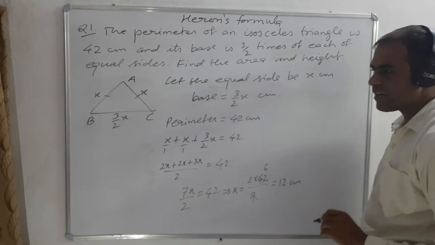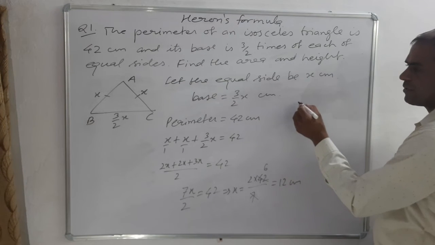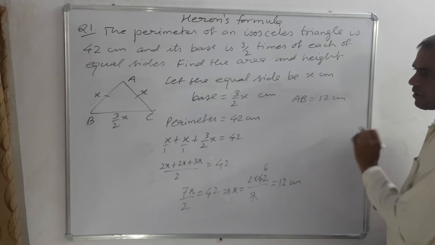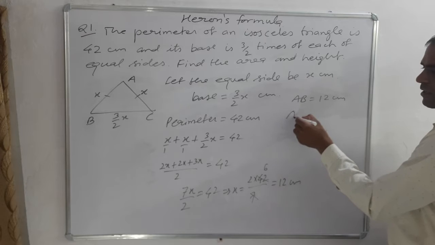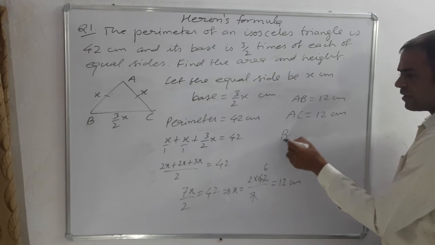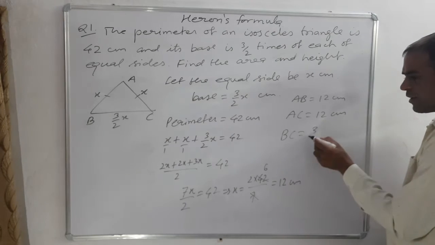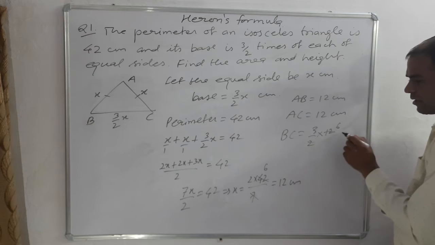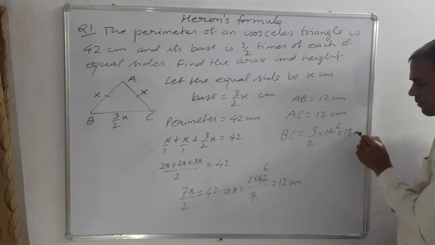So the equal sides are AB is 12 centimeter, AC 12 centimeter, and BC is 3 by 2 times of 12, that is 18 centimeter.